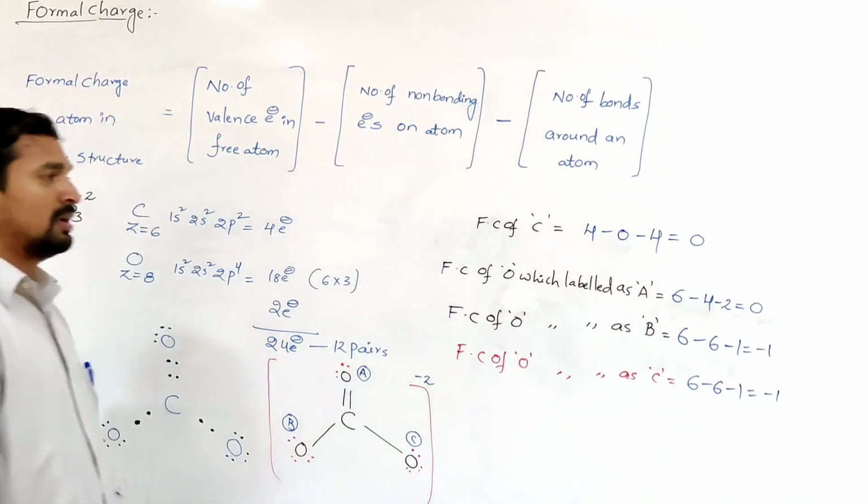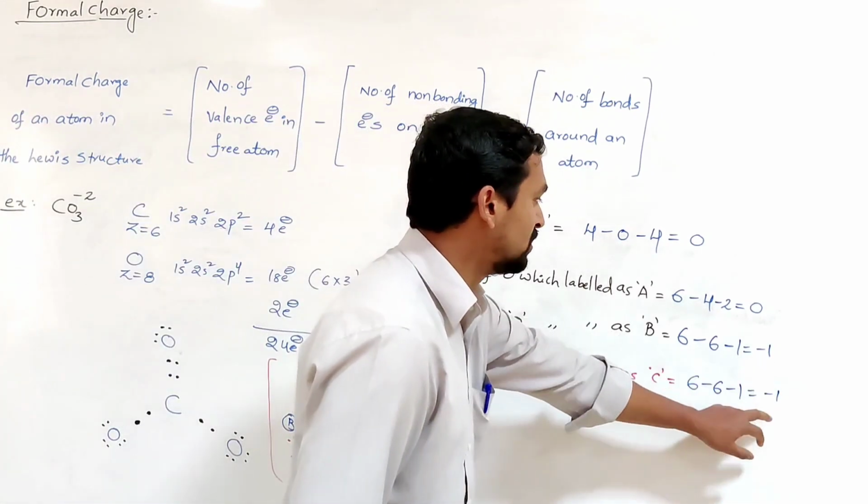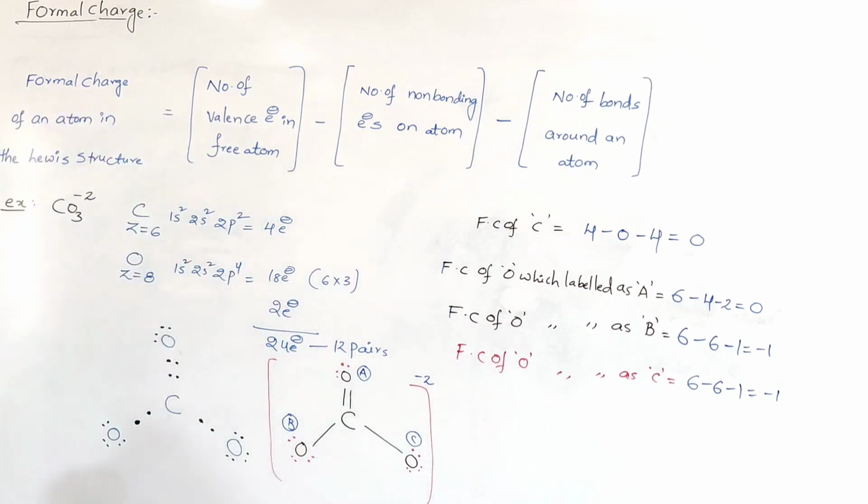Minus 1. So out of the 4 atoms in the carbonate ion, the 1 carbon atom and the oxygen labeled as A have formal charges of 0. But the rest of the 2 oxygen atoms, labeled as B and C, have a formal charge of minus 1 in each case.